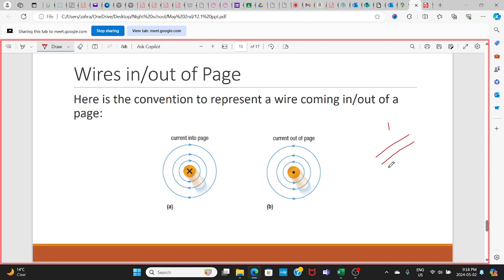I use my right hand. This is my thumb, and this is my forefinger. I put my thumb in the direction of the current, and then I bend my forefinger.